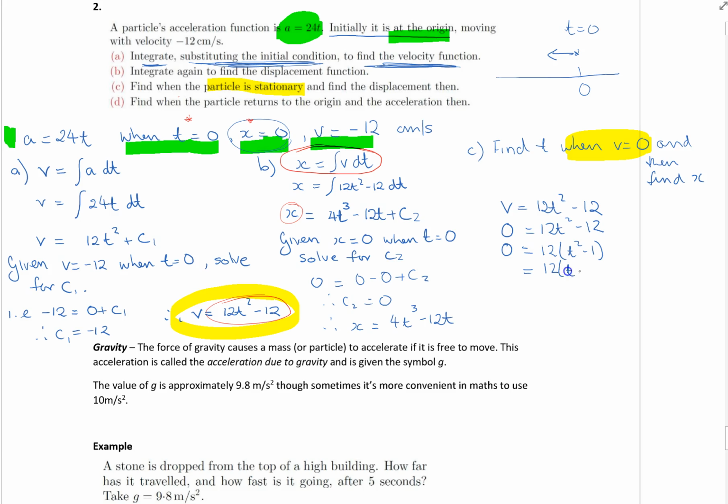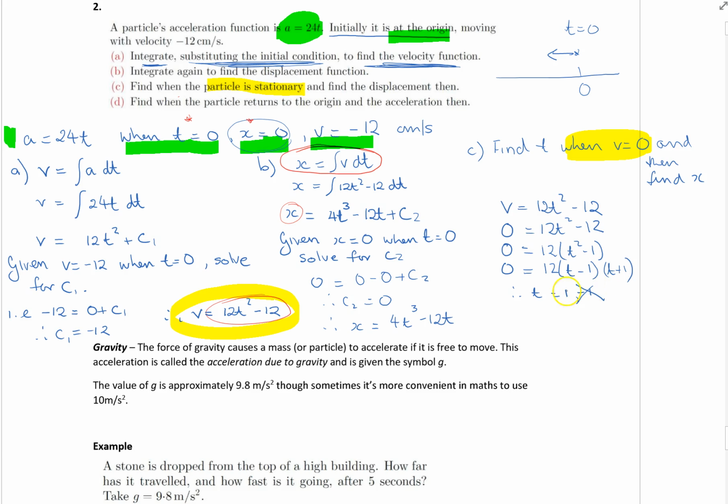Well, you can do it two ways. You can see that as the difference of two squares, or you can be really careful, and when you take the square root, consider your plus minus. So the only way you can get a 0 is if t is 1 or if t is minus 1. T is minus 1 doesn't make any sense. We'd never talk about a negative time.